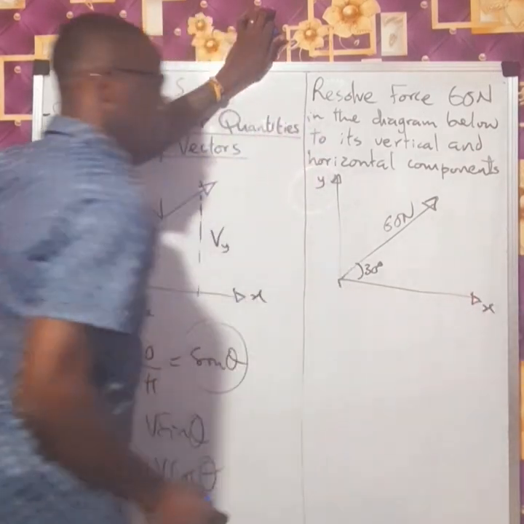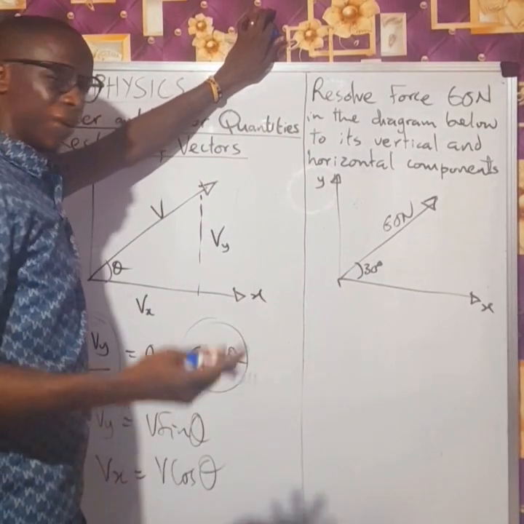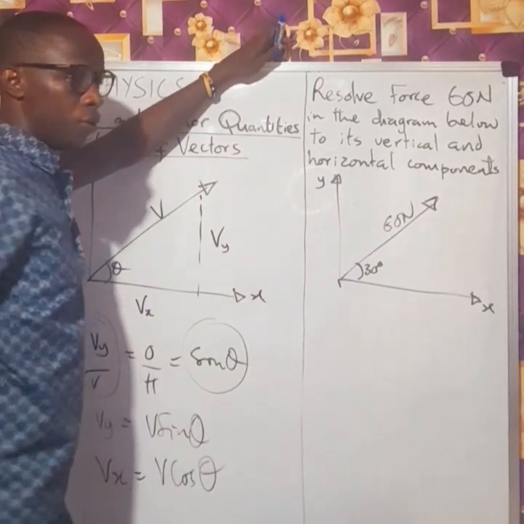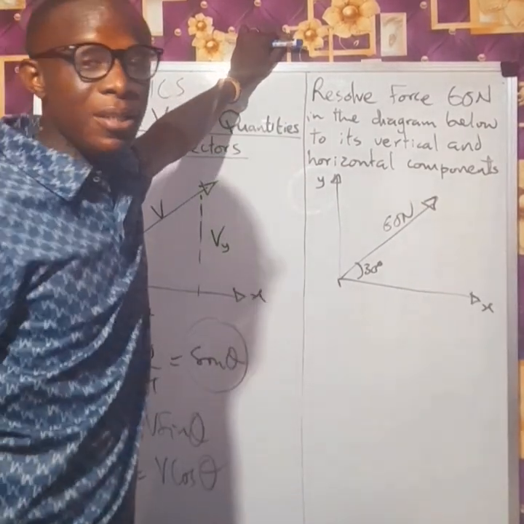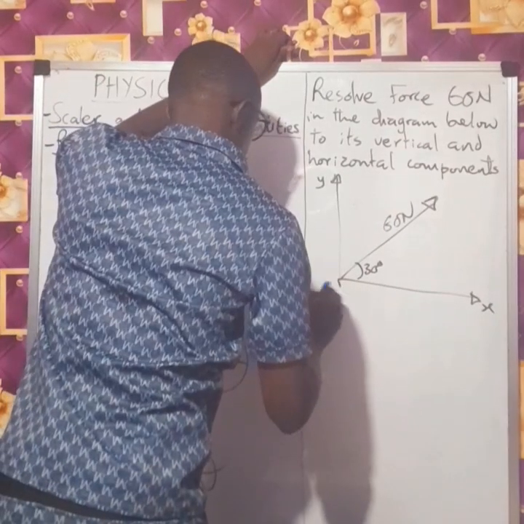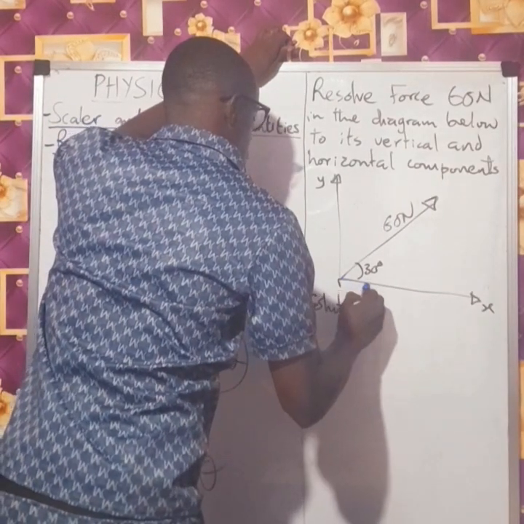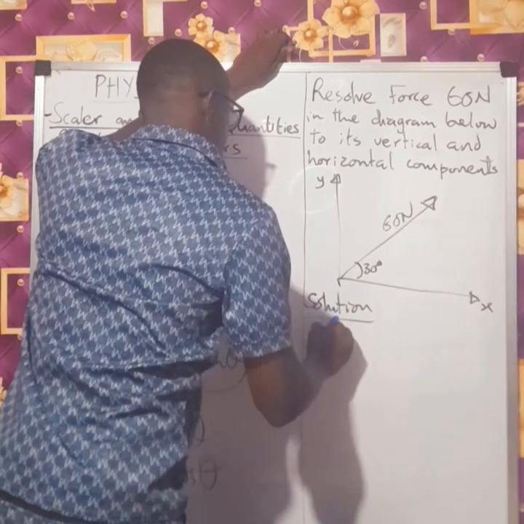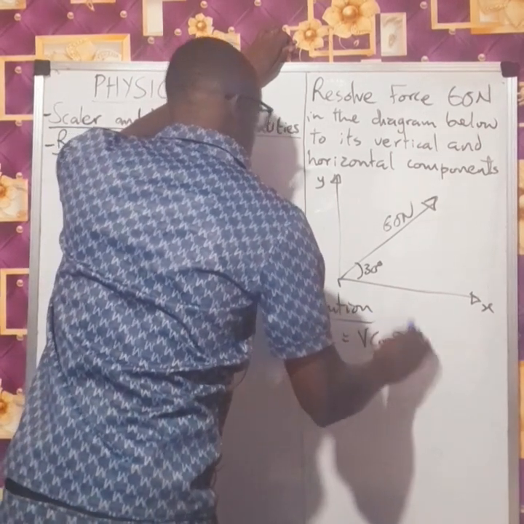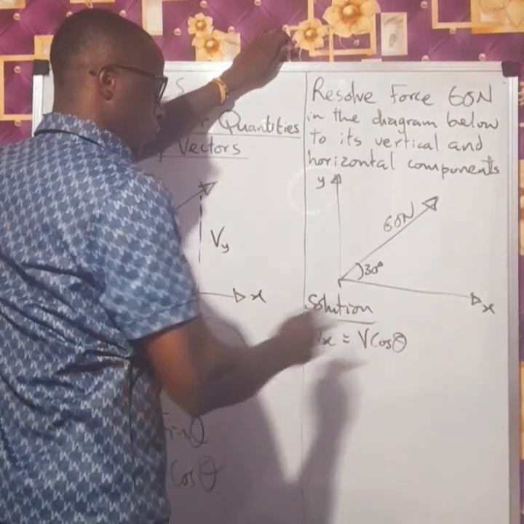Right? So with this, it is very simple. Since I know the formula already, I'll just go straight to the point and solve. These are the basic calculations. Look at this solution. You have Vx equals V cos theta, for the horizontal component.